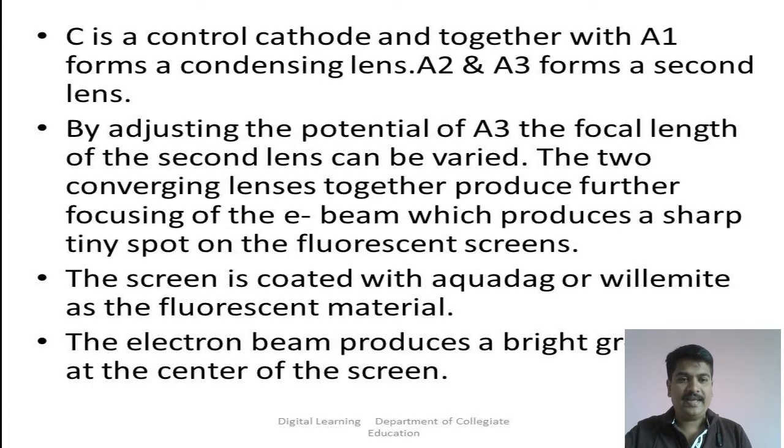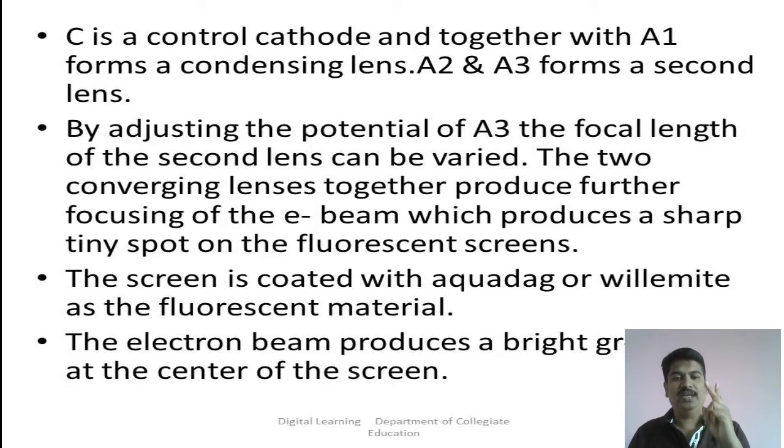C is a control cathode, again not shown in the figure, and together with A1, the first anode, the control cathode forms a condensing lens. Also A2 and A3, the two anodes, form a second lens.